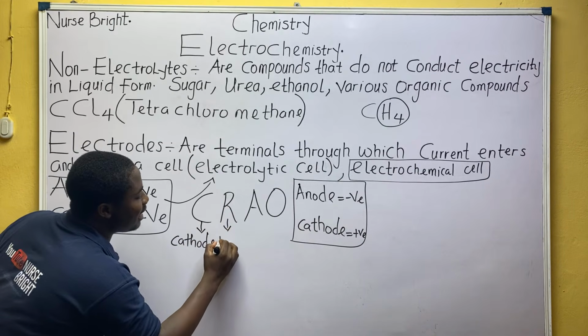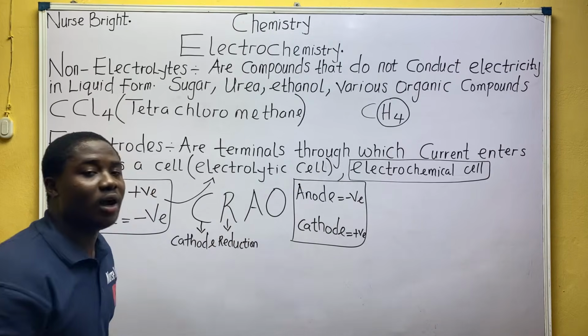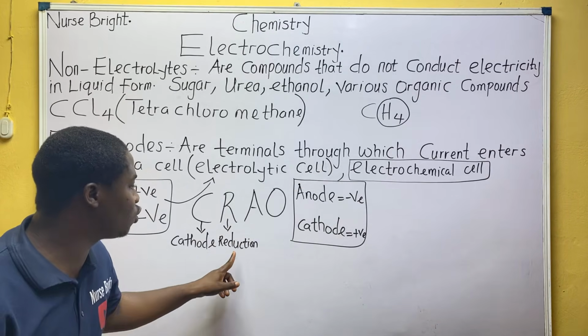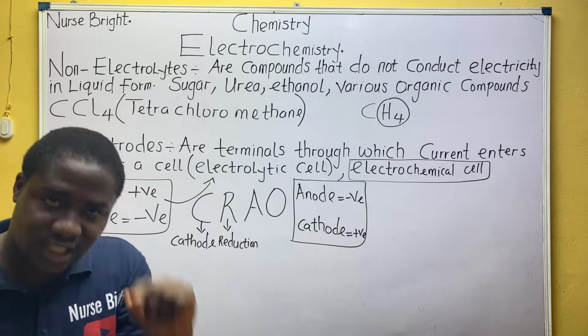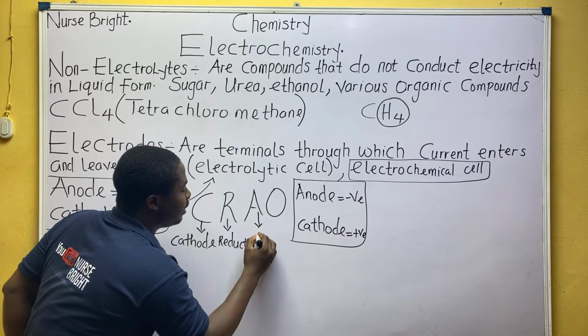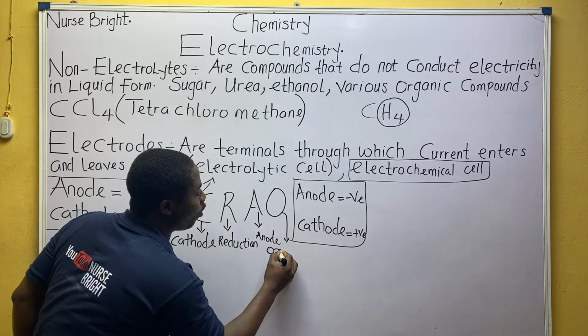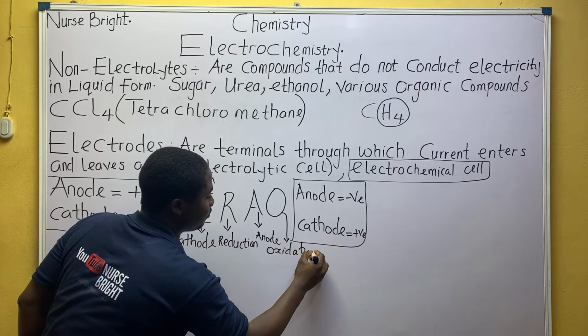The R here is a process, it means reduction. In redox, I will tell us what this means, but in this class I will explain before we get to that redox. The A is anode, and the O is a process called oxidation.